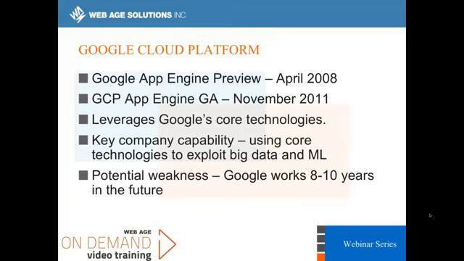So the developer is somewhat in charge, and the operations is more monitoring. It is a profound change from the 3-tier server, database, etc., that companies are used to. And that's a weakness in Google. Google is operating 8 to 10 years in the future. It's funny, because App Engine now is a perfect platform for what's called microservice architecture.